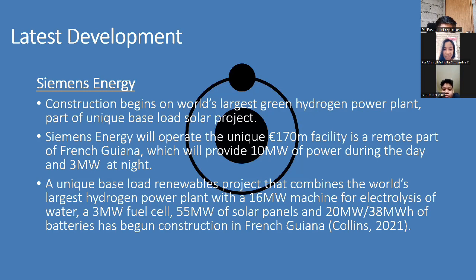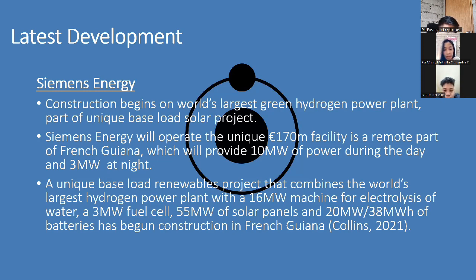Siemens Energy: construction begins on the world's largest green hydrogen power plant, part of a unique baseload solar project. Siemens Energy will operate the unique facility in a remote part of French Guiana, which will provide 10 megawatts of power during the day and 3 megawatts at night.